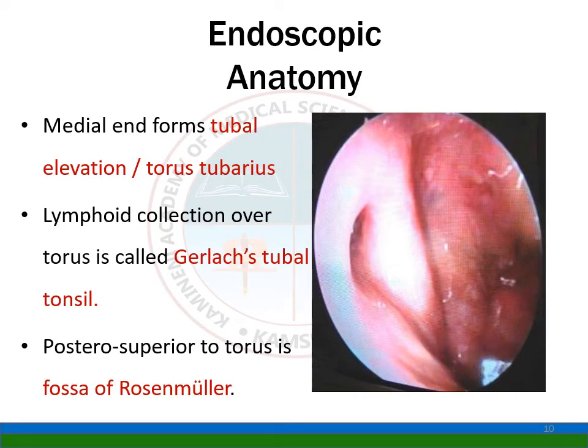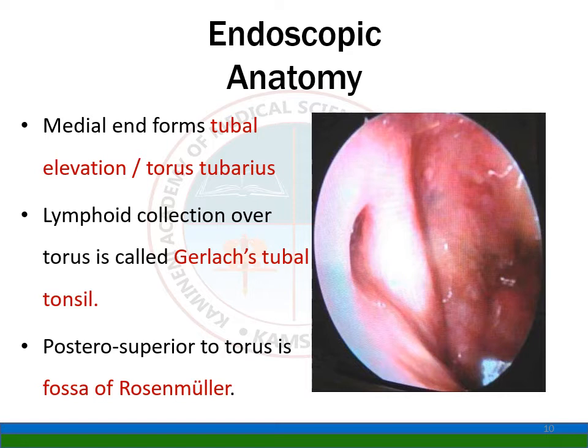When you see via the endoscope, the medial end forms the tubal elevation called the torus tubarius. You can see in this picture the elevation above the eustachian tube is called the torus tubarius. And the lymphoid tissue, the tubal tonsil, is called the Gerlach tonsil.